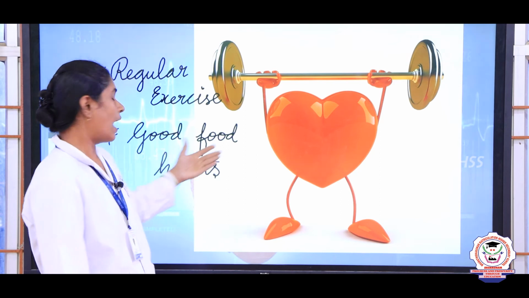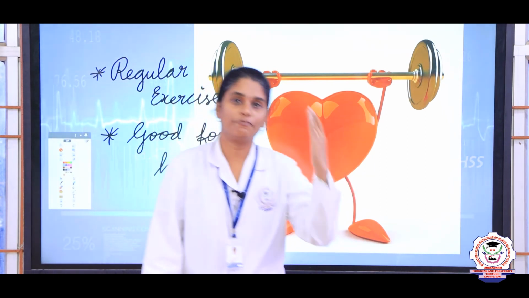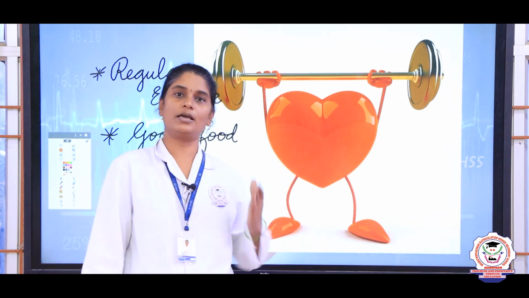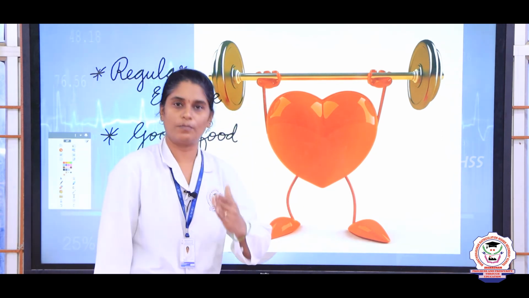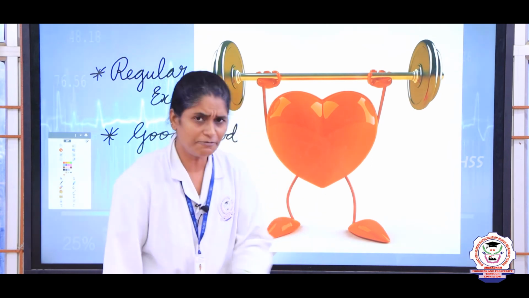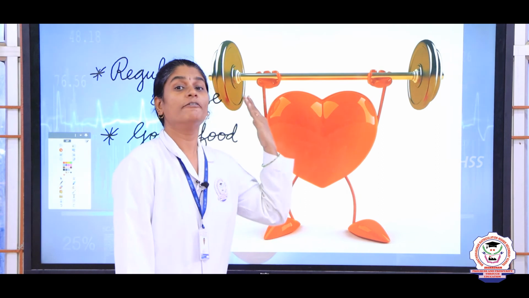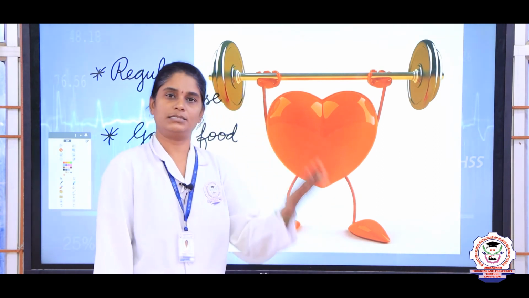So, we have to always follow a balanced diet. When you choose a food, the food has to be natural food, that is prepared at home. Try to avoid outside foods, junk foods, oily foods, fatty foods, because fatty foods are the main cause for heart diseases, right.